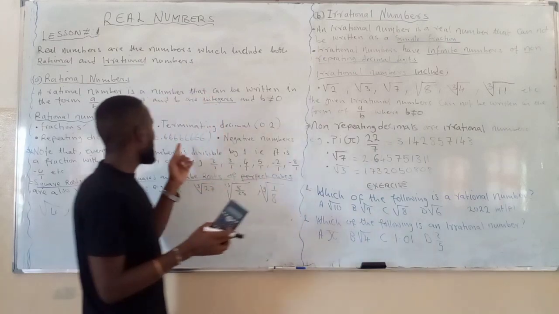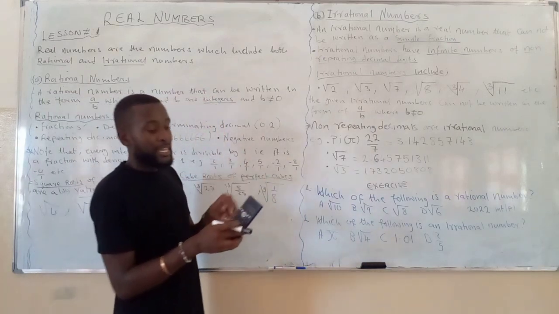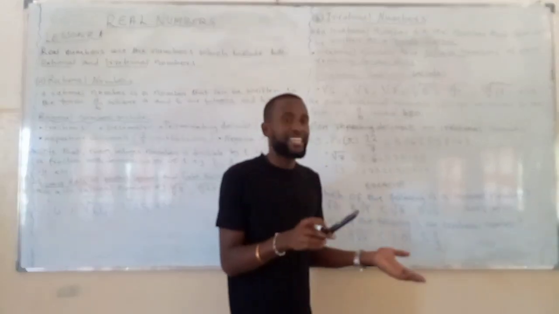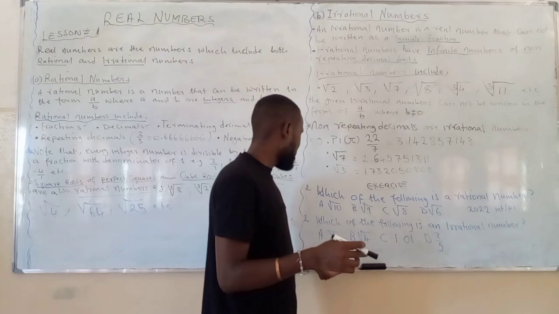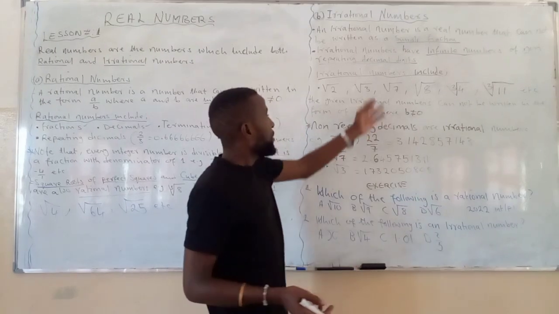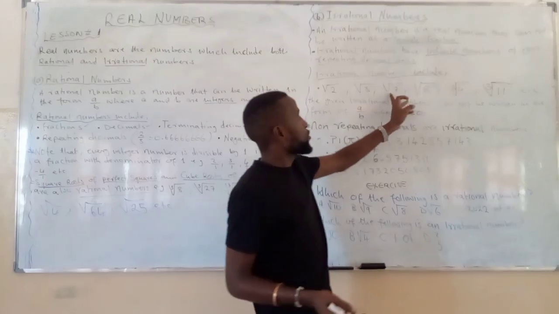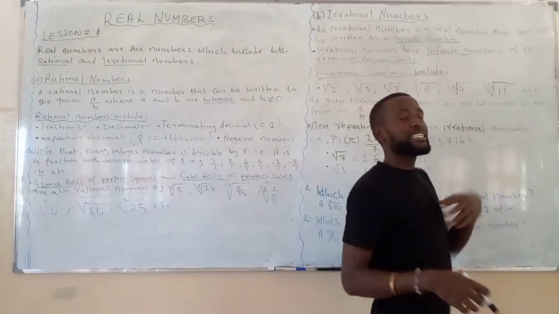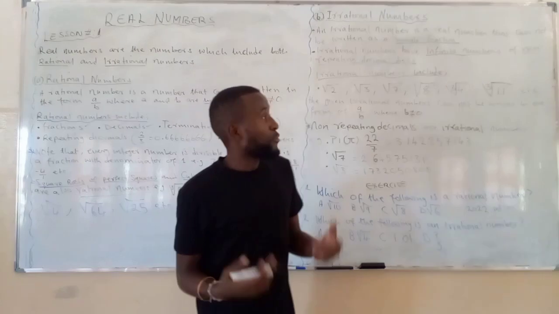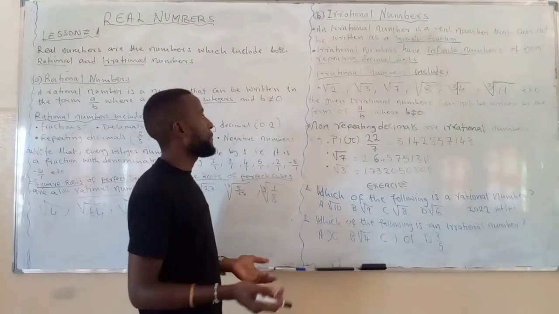We don't have a scenario where we have 6, 6, 6, 6, 6. No. Here we have 1, 4, 2 is another number, 1, 3, they are just individual. Same applies to the square root of 3, the square root of 7, cube root of 4, cube root of 11, etc. Therefore, we know that all these are irrational numbers.